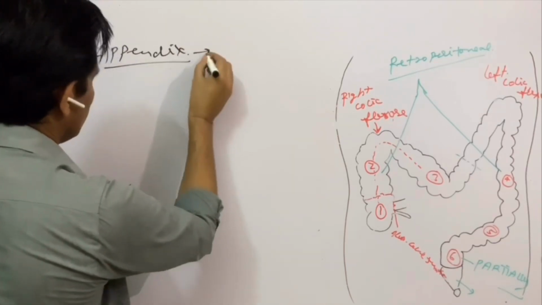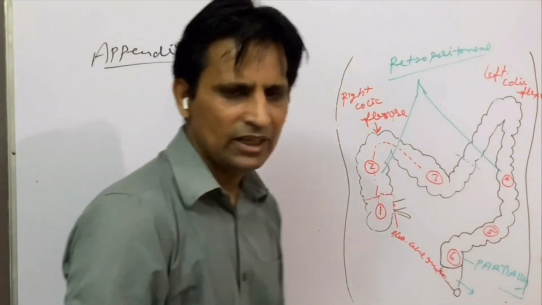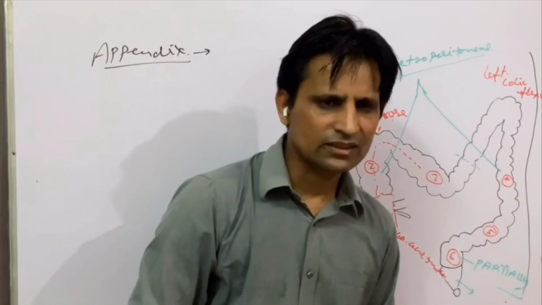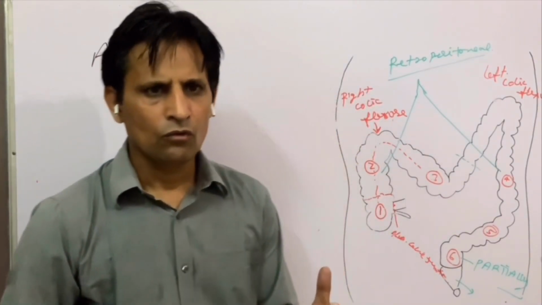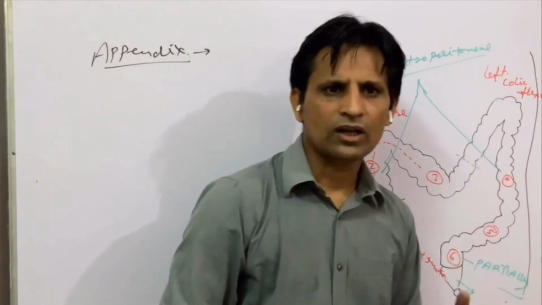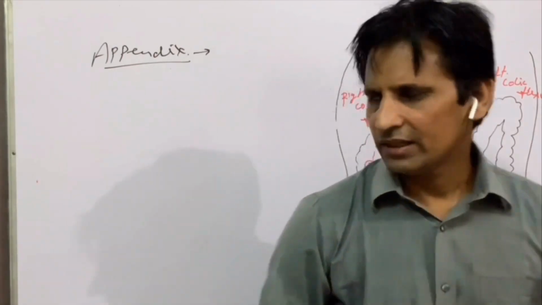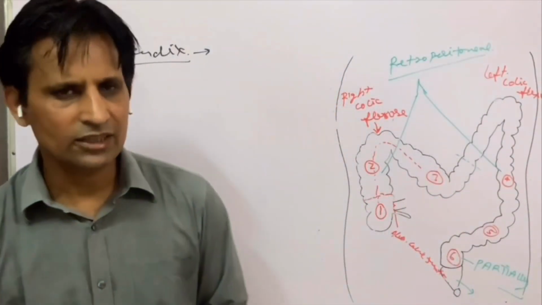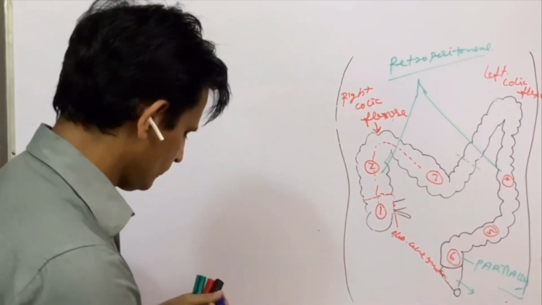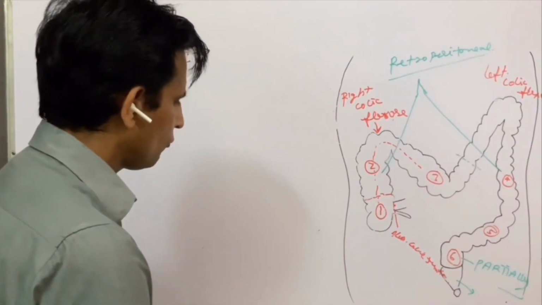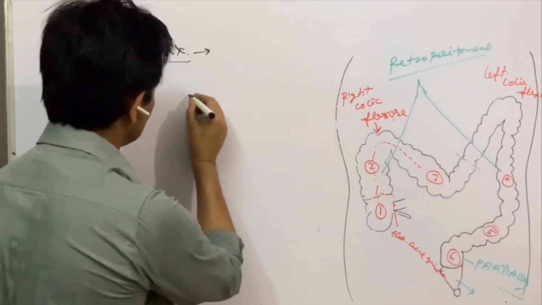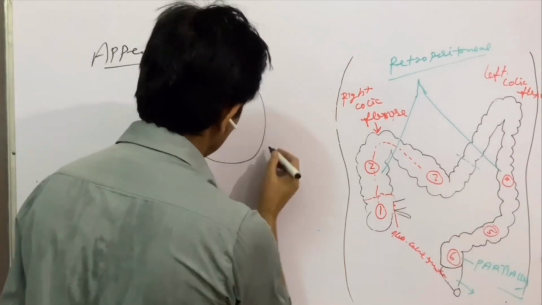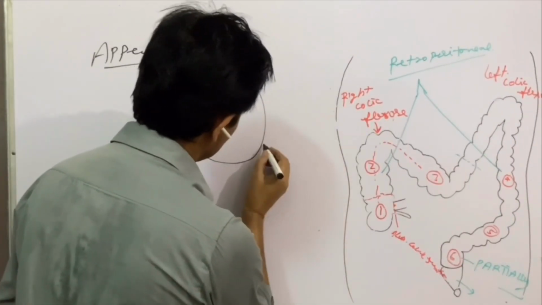Appendix. So what is the appendix? The appendix is a narrow, worm-like tubular diverticulum. It's a worm-like structure, and that's why it is known as the vermiform appendix.